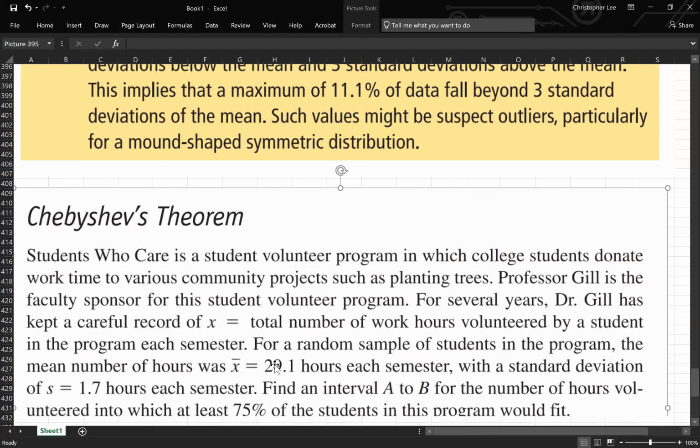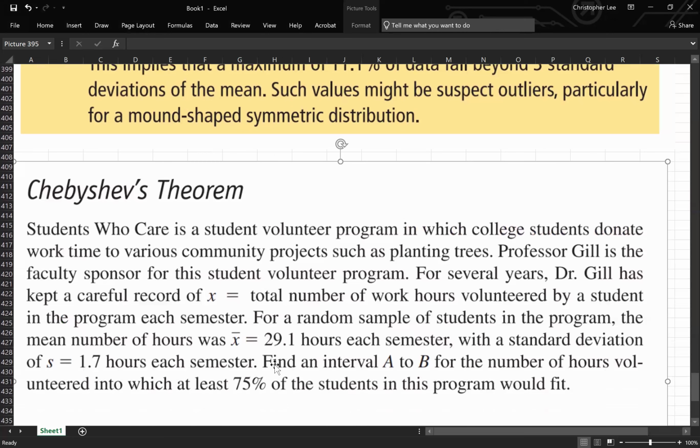All right, so Chebyshev's theorem. Students Who Care is a student volunteer program in which college students donate work time to various community projects such as planting trees. Professor Gill is the faculty sponsor of the student volunteer program. For several years, Dr. Gill has kept a careful record of x equals total number of work hours volunteered by a student in the program each semester.